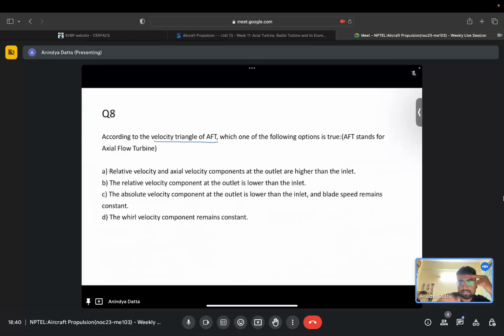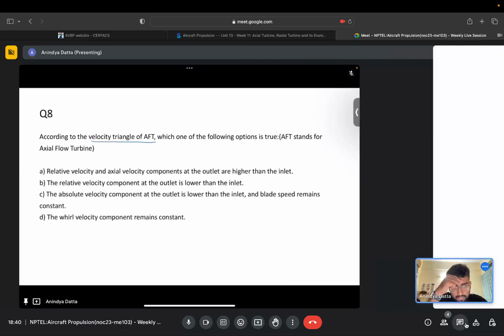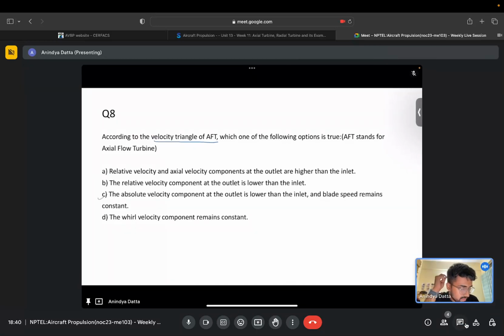Only one is correct, and you can type the answer in the chat box. Yes, option C is the correct answer.